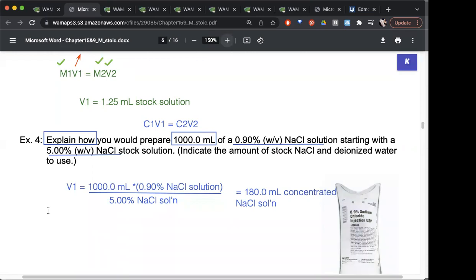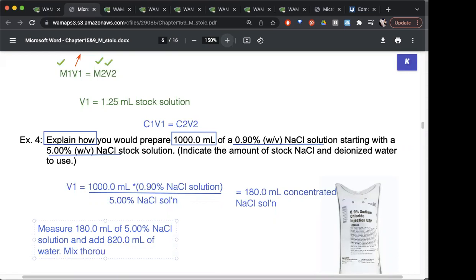So as we explain, we will say measure 180 milliliters of 5.00% NaCl solution and add 820 milliliters of water.